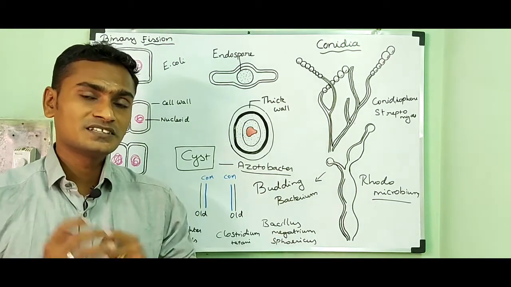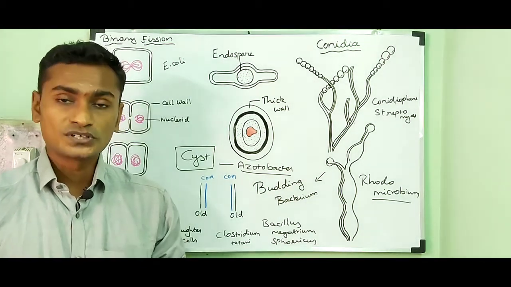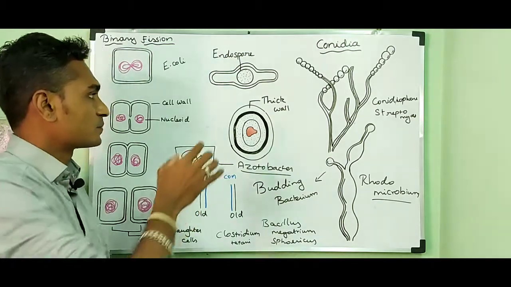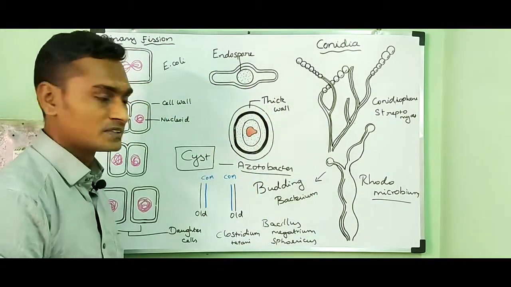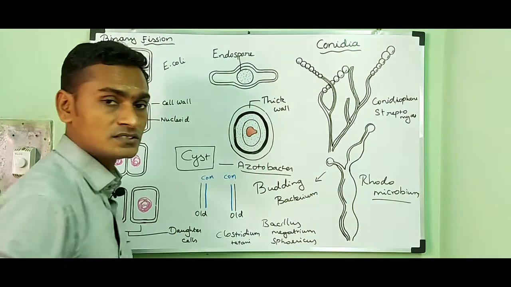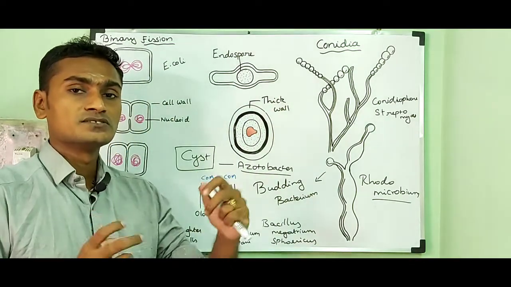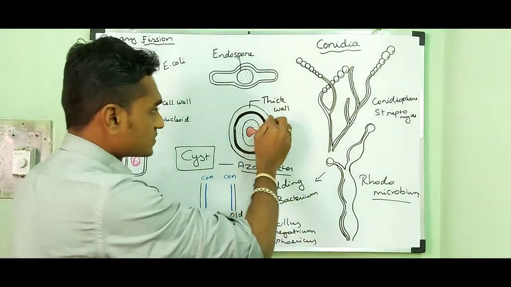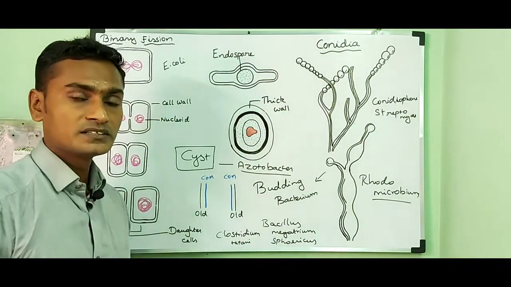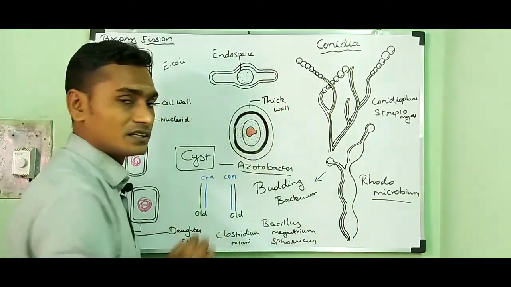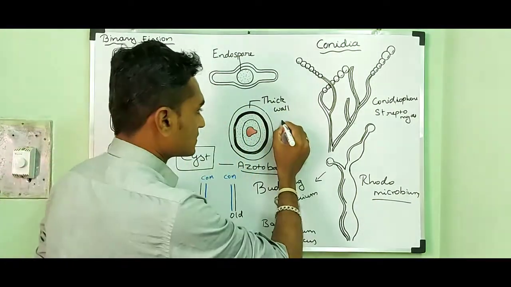The resistant nature of the endospore is due to the presence of a thick wall. The thick wall contains a low amount of water.